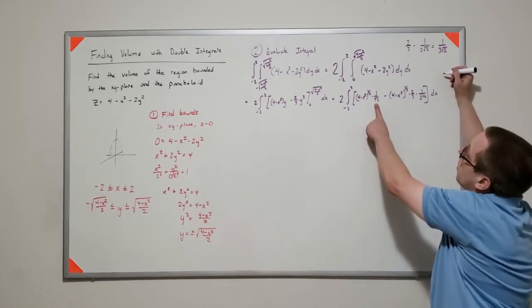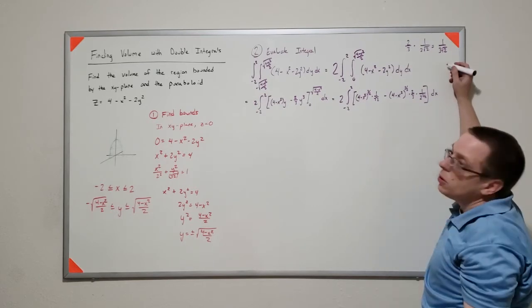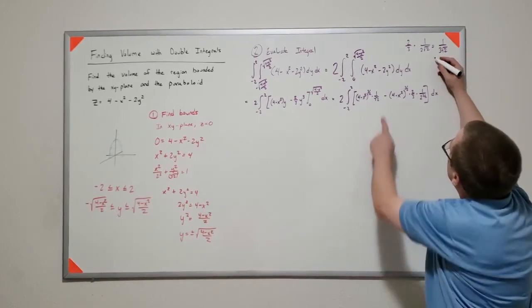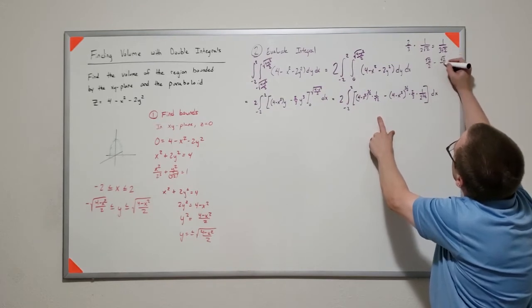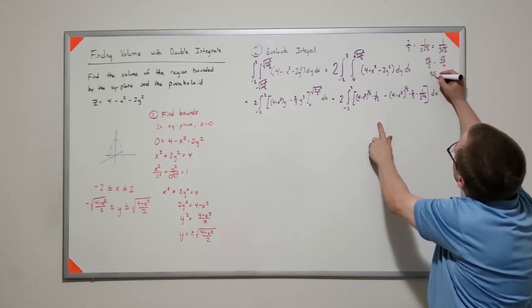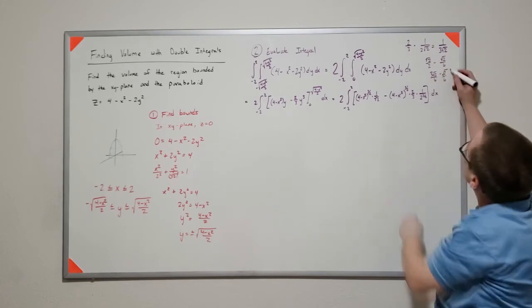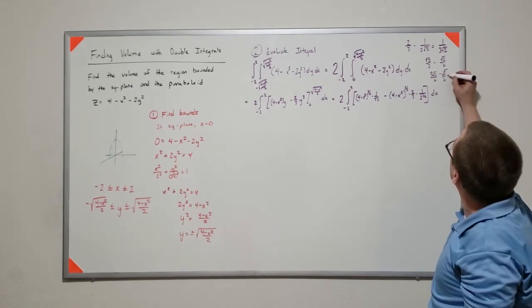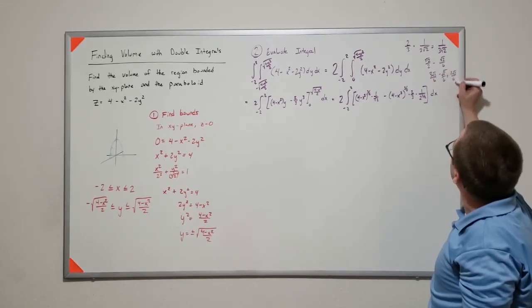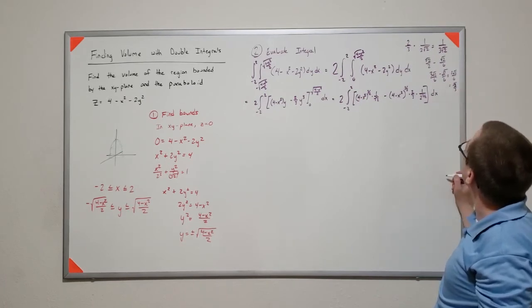So I have 1 over square root of 2 minus 1 over 3 square root of 2, which is to say, that's sort of like saying square root of 2 over 2 minus square root of 2 over 6, which is 3 square root of 2 over 6 minus square root of 2 over 6, which is 2 root 2 over 6, which is square root of 2 over 3.